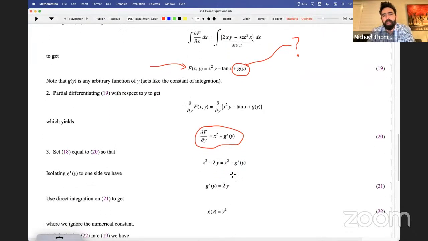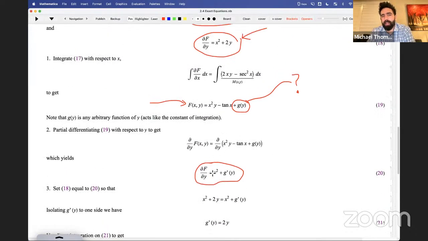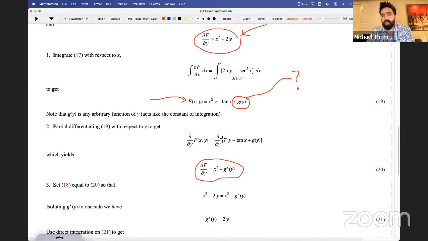Then on the left side I'm going to equate the two equations: this one, x squared plus 2y, and this one, x squared plus g prime of y. I know they have to be equal because they're both the partial of f with respect to y. So we'll set them equal to each other.